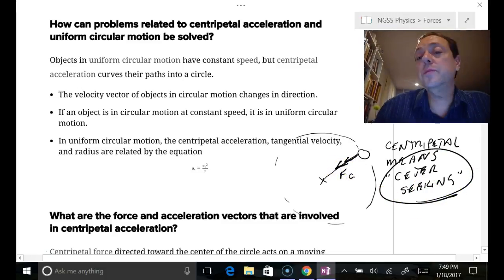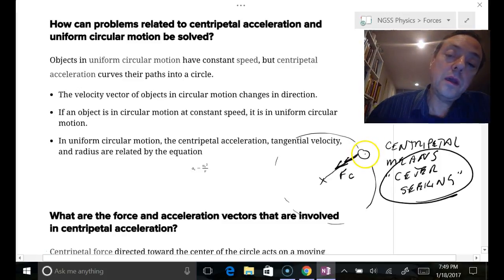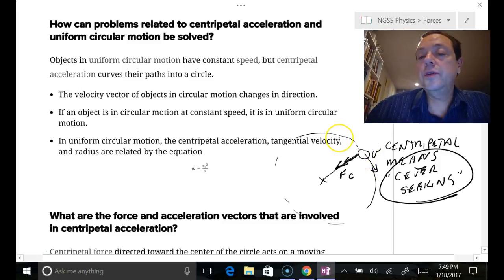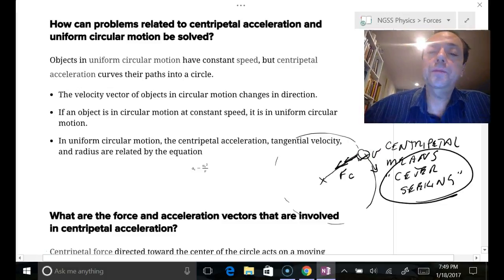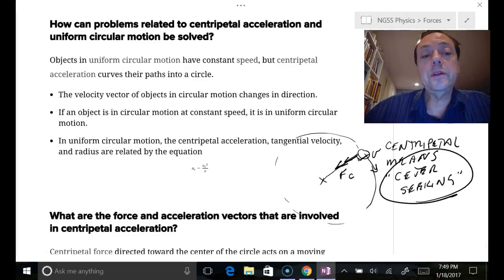Okay, so the centripetal force is pulling this object to the center, and its instantaneous or tangential velocity is always at right angles to the centripetal force and the acceleration, so that the speed never changes, but the direction does constantly, because remember, velocity is made up of two things. It's made up of speed plus direction.